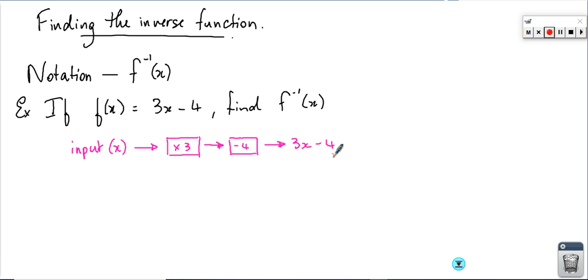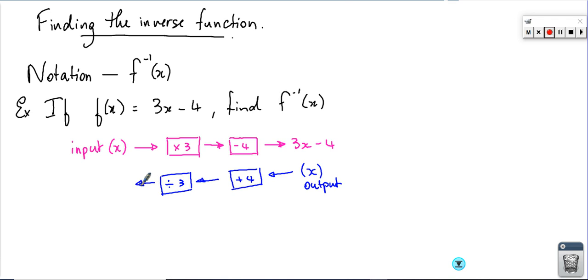So how are we going to find the inverse? Remember, in the beginning, when we did the function machine, to find the inverse we start from the output this time. So now x is our output. What are we going to do? The inverse of minus 4 is plus 4. The inverse of times 3 is divide by 3.